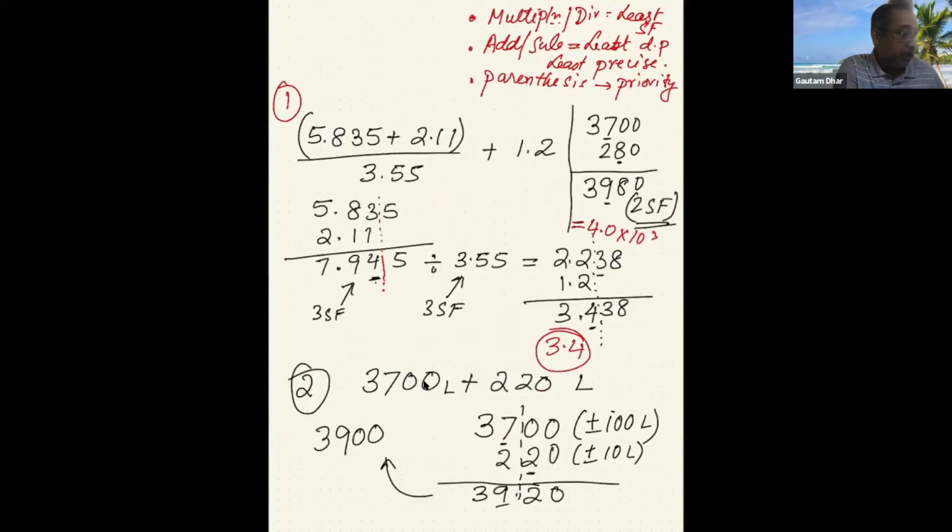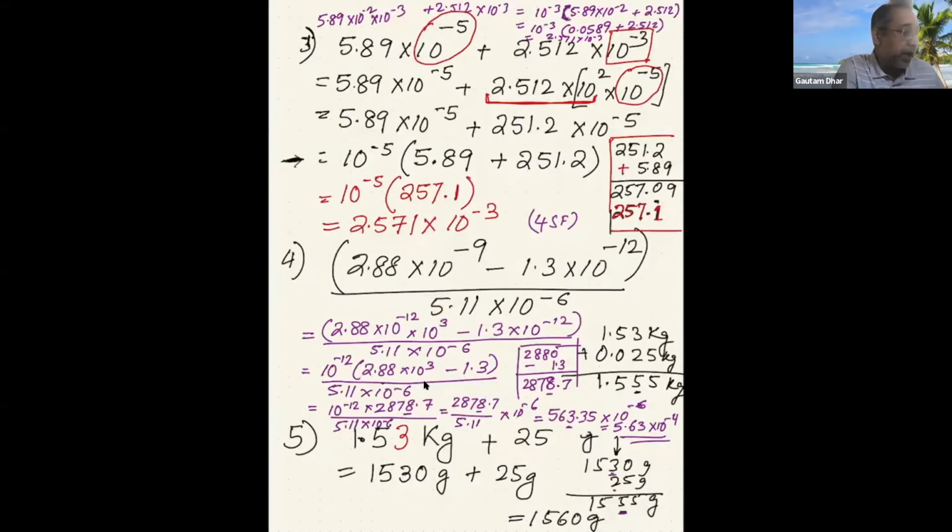Again, the same rule applies. You have to basically convert them to only one kind of exponent. So I converted everything to 10 to the minus 12. In the parentheses, I have that. If I write that in decimal notation, see in the box on the right, I added them. 2880 plus 1.3.